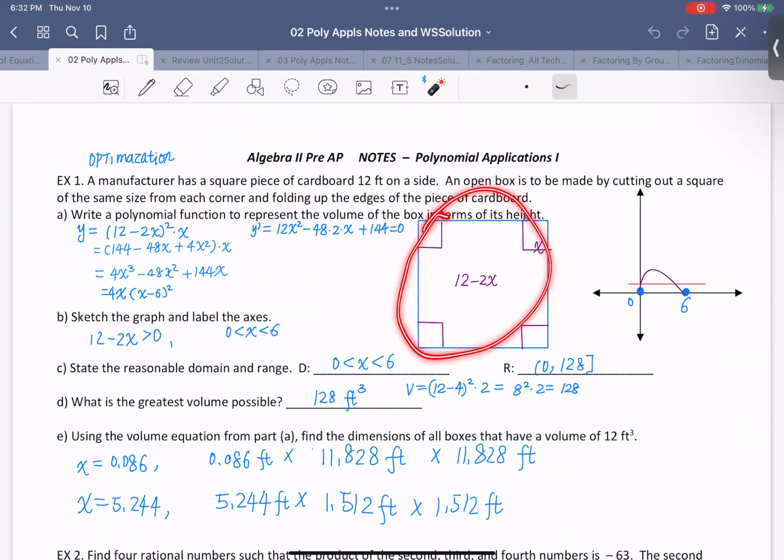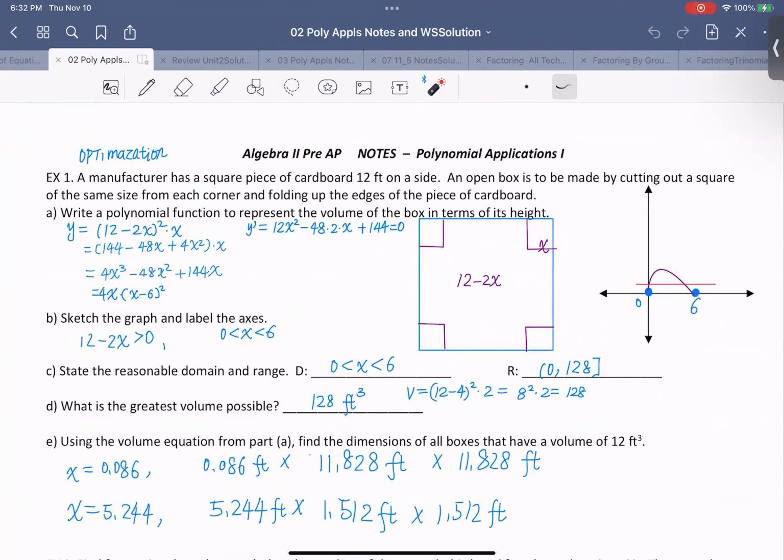If you have trouble understanding this, let's get a square-shaped paper, okay? And then you cut four corners. Look at the video camera.